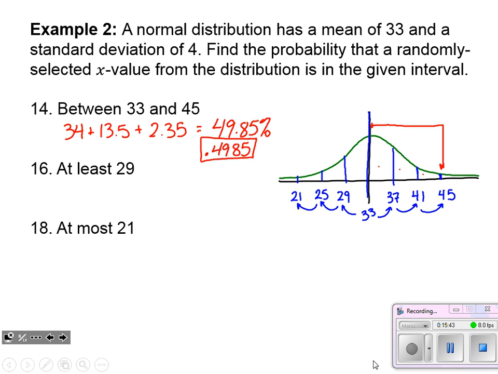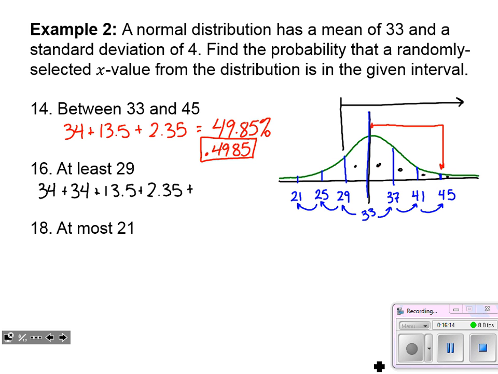Okay, number 16, at least 29. Well, we got a couple different ways to look at this one, because here we want 29 and onward. So what do I have for wedges? Well, I've got the 2 big guys in the middle, and then 1, 2, and the little tail off to the end. So I'm adding up 5 numbers there. I've got a 34 and another 34, just reading them left to right, and a 13.5 and a 2.35, and then that tiny little tail at the end, which is 0.15%.